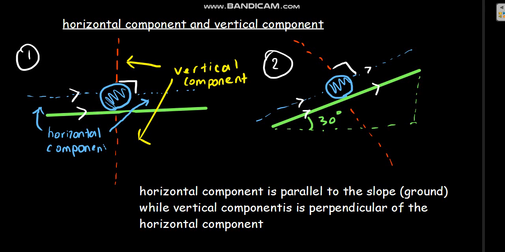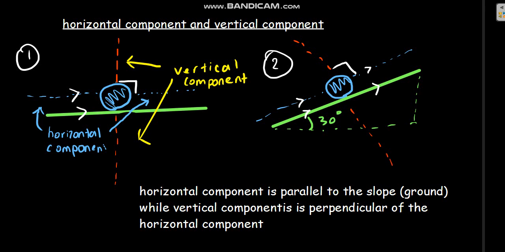If you look at diagram number 2 here, if the slope is lifted up slightly on the right side by, let's say, an angle of 30 degrees, then the horizontal is still parallel to the slope. It's going to look like this, and this is the horizontal component. The vertical component is going to be here.